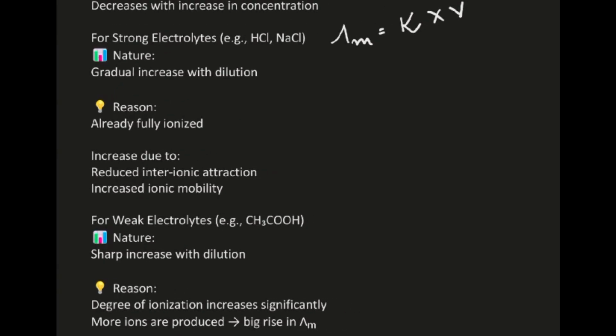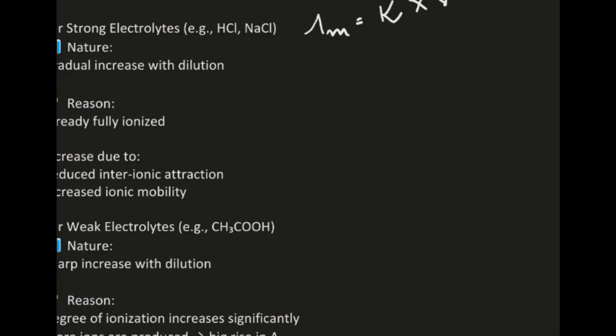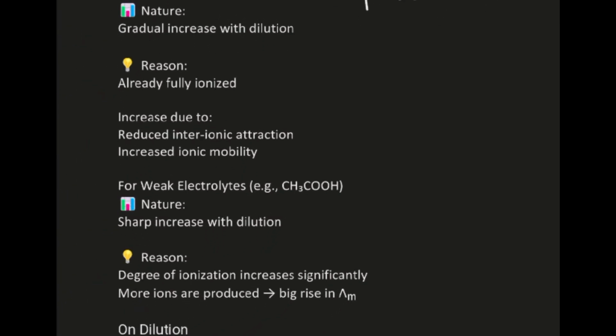So when I undergo dilution, there is a decrease in the concentration, and the value of kappa decreases. And when I'm diluting, the volume of the solution is increasing. Keep in mind that the increase in the volume of the solution is actually superseding the decrease in the value of kappa, for which lambda m increases on dilution.